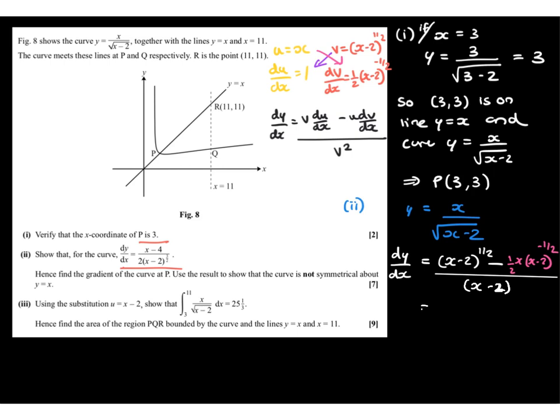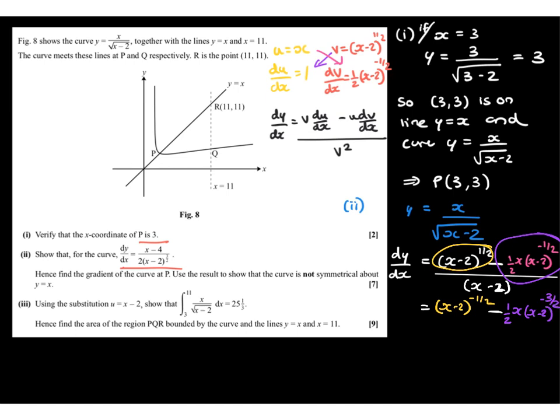Now, we've got to show that we get to the given answer, so let's divide each part of this by x minus 2. So here, first of all, remember we subtract powers, so that becomes x minus 2 to the negative a half. And then for the second part of this, we're going to get minus a half x minus 2 to the negative 3 over 2.